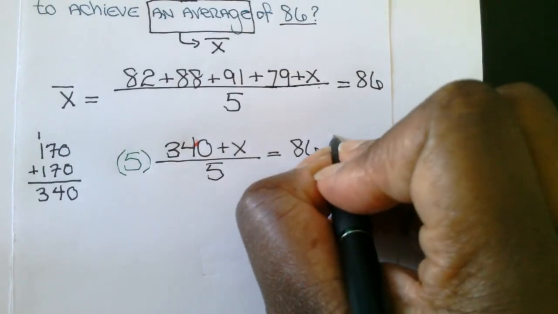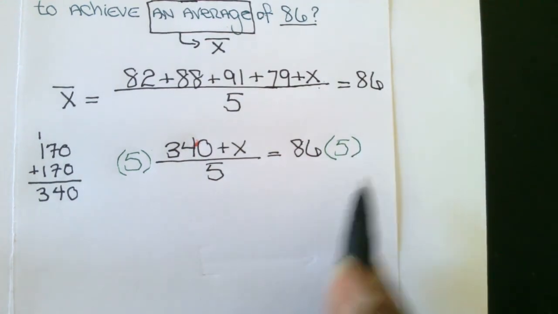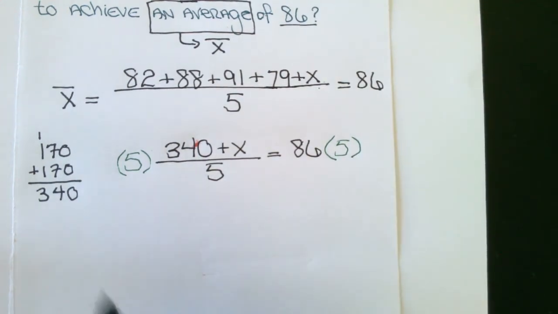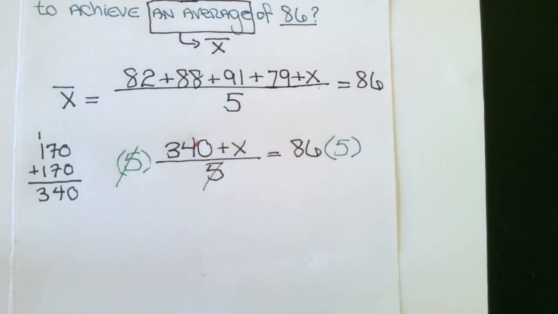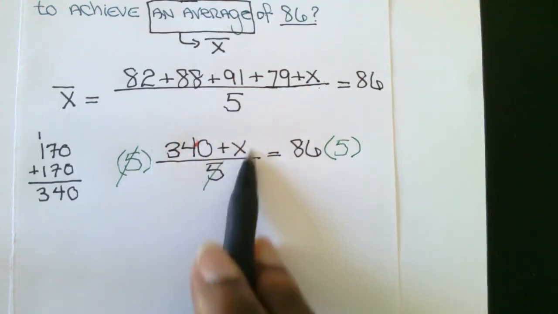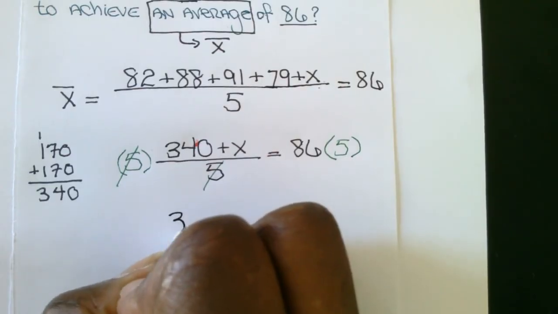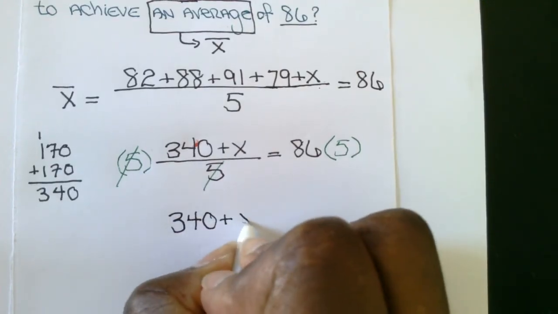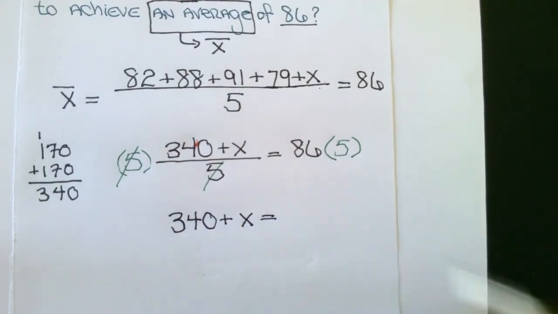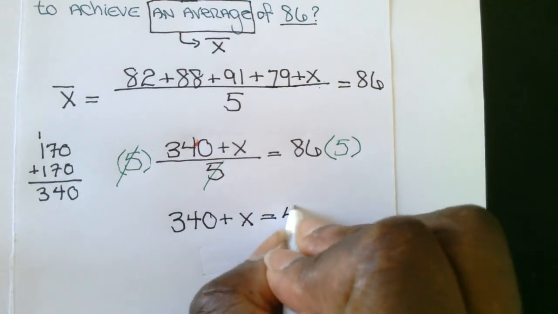So I'm going to multiply 5 on both sides of the equal sign. Now I have 5 divided by 5, which gives me 1. So 1 times anything is itself. I can just bring down the 340 plus x is equal to 430.